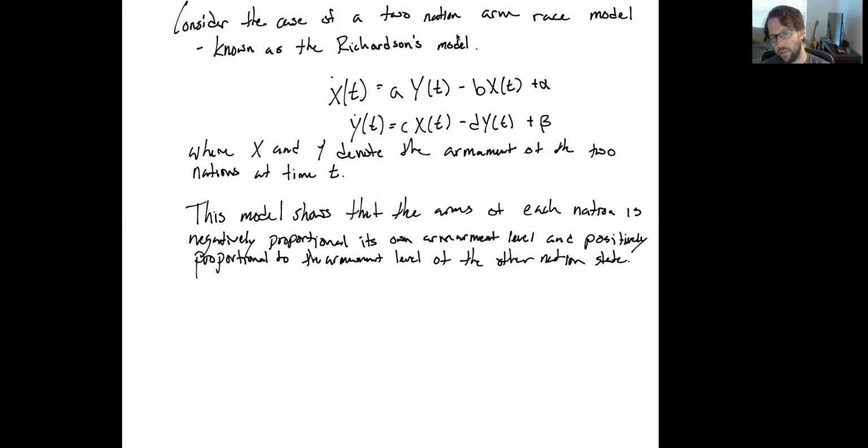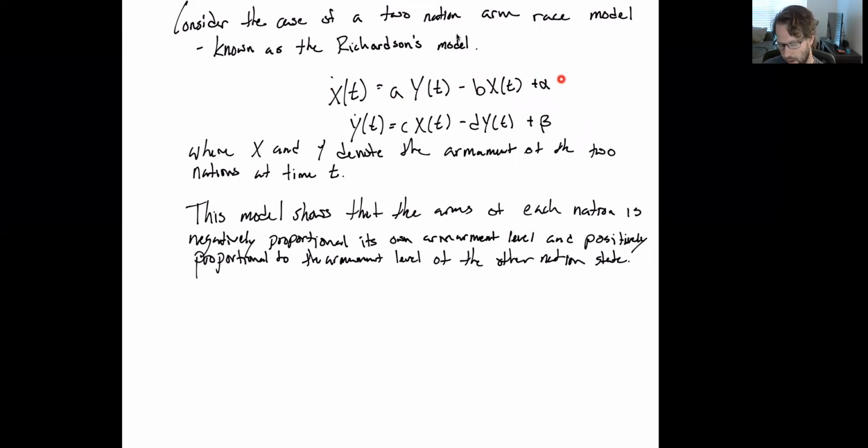So basically, if there's no external input into the system, the armaments of the own nation would decrease over time. However, if nation Y starts building up its own armaments, then nation X would counter that by building up its own armaments and increasing those. So that's why there are these inputs there.